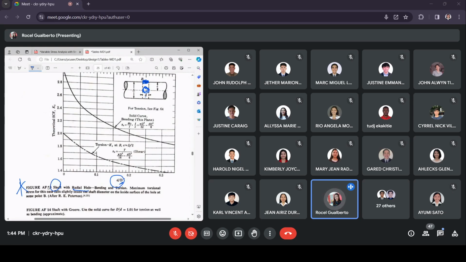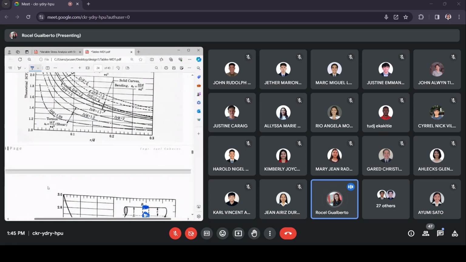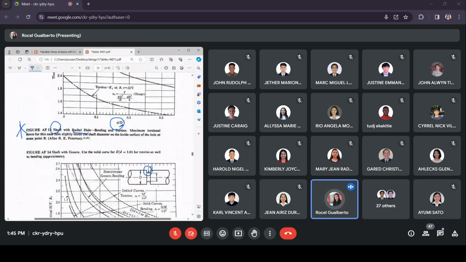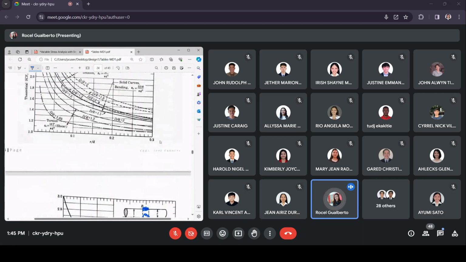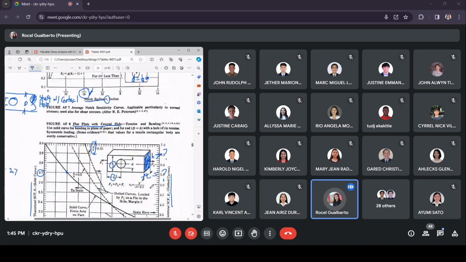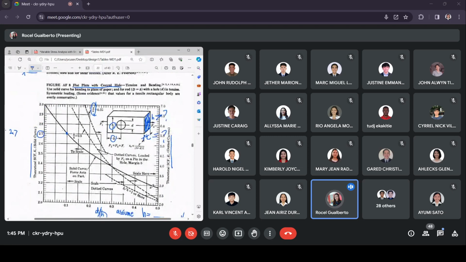So which is more likely to be involved? Figure AF12 we cannot use since it is a different stress raiser. Same thing with AF14, for it contains a groove. What we need is a central hole. So the one nearest to it would be figure AF8.